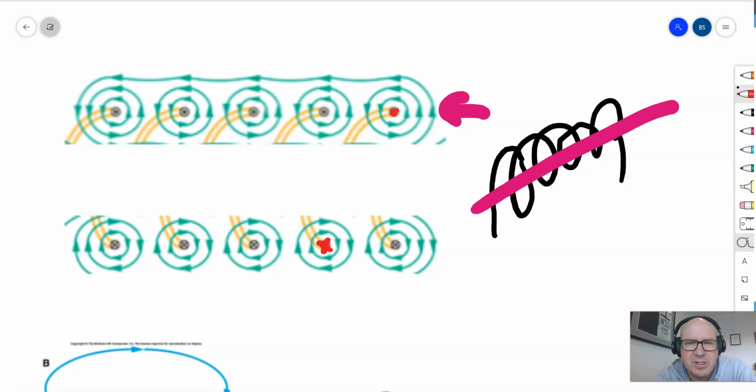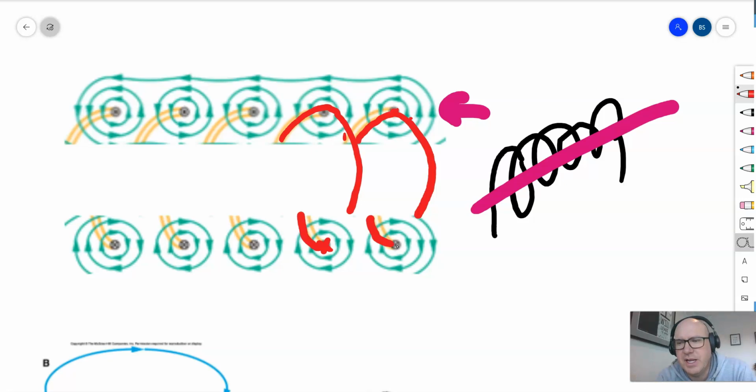So you can imagine that it sort of goes into the page here, around the back, out of the page, and then back over again. Okay, so it goes around the back and over the top. And that's how it's set up.